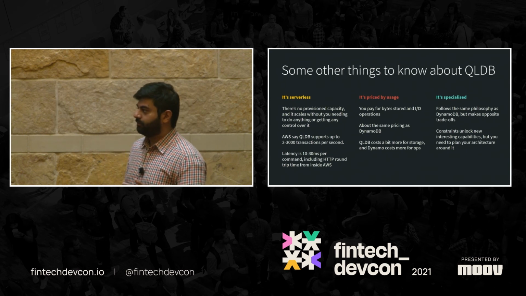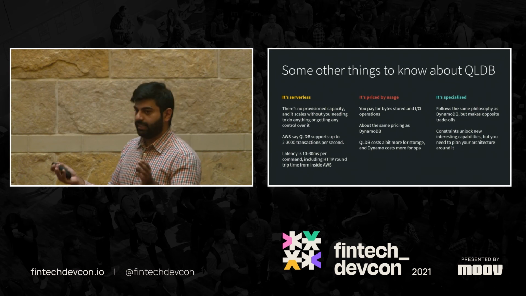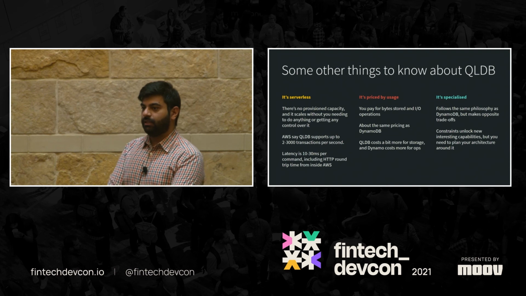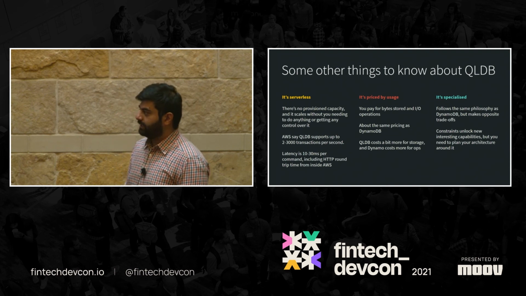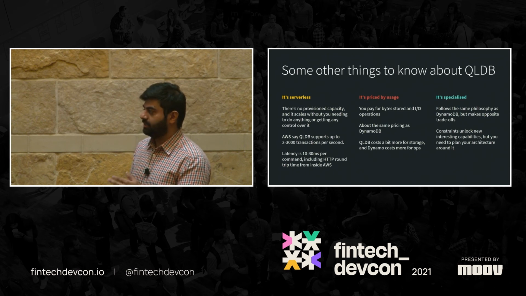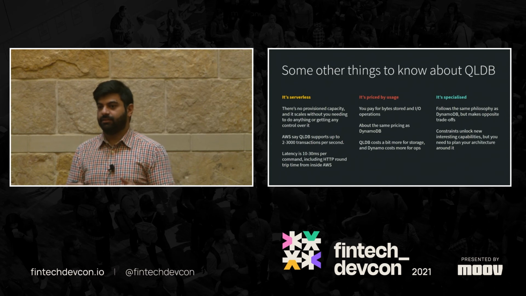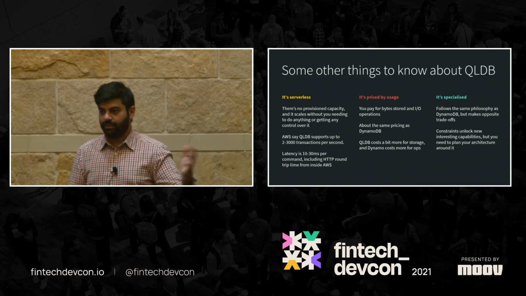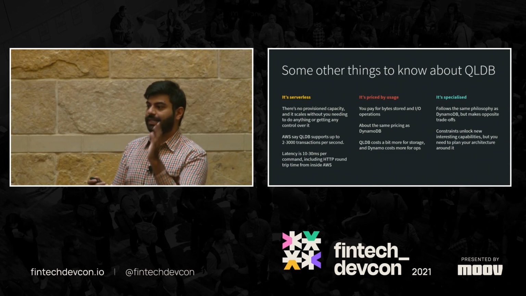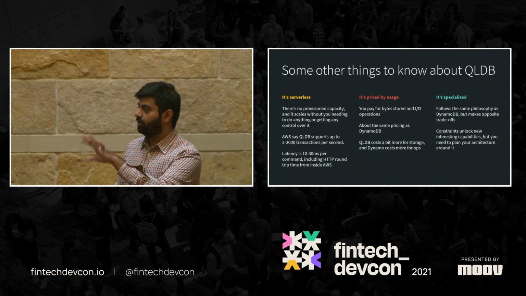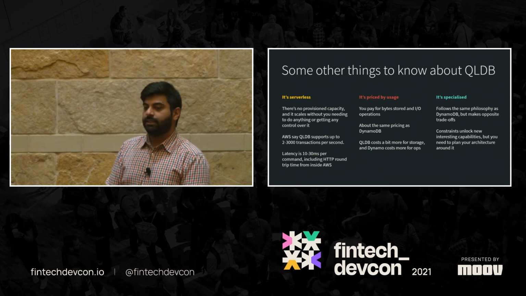But right now, as of a couple of months ago, you can support 2,000 to 3,000 transactions per second on a single ledger, which is pretty good for most use cases. And the latency is again similar to Dynamo in that it's 10 to 30 milliseconds if you're inside Amazon, EC2, ECS, Lambda, and calling out to QLDB, and that's included in the time to go from your client into the database and the HTTP round trip back.